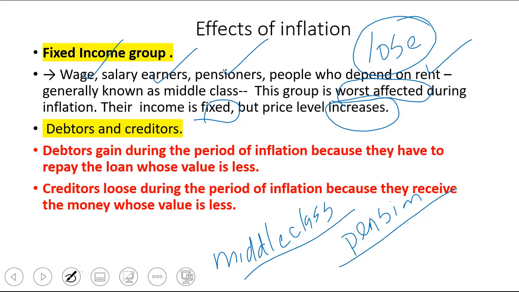India में इसके साथ और एक problem है. What is the problem? That problem is बैंक का fixed deposit rate. Because Indians are those who are depending upon fixed deposit.